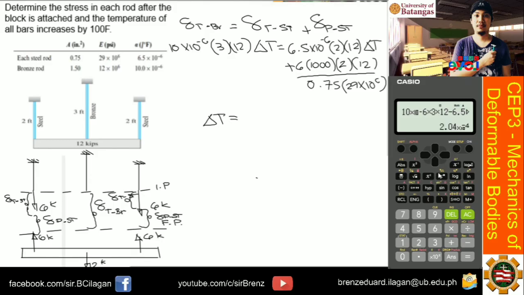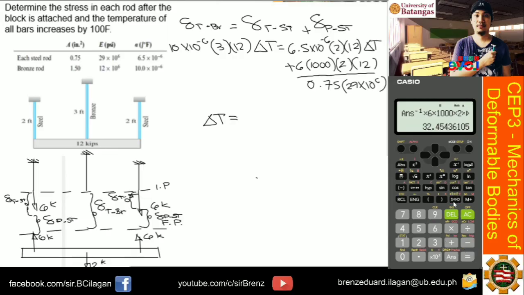Okay, so we have 2.04 and then lipat ko sa kabila, so magiging divide siya or times raised to negative 1. So times 6 times 1,000 times 2 and then times 12. So divided by 0.75, divided by 29 times 10 to the 6.